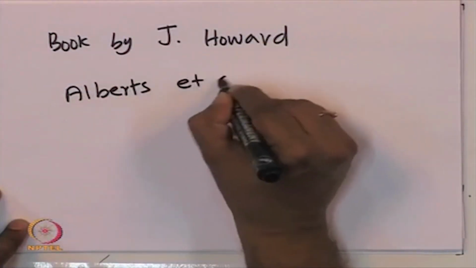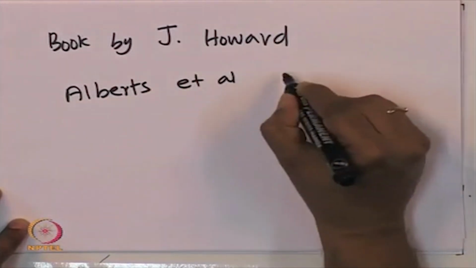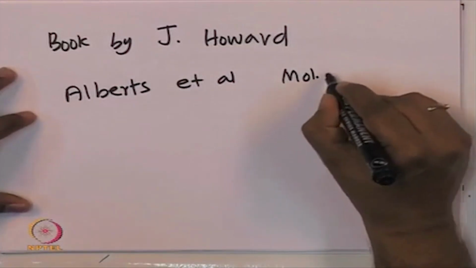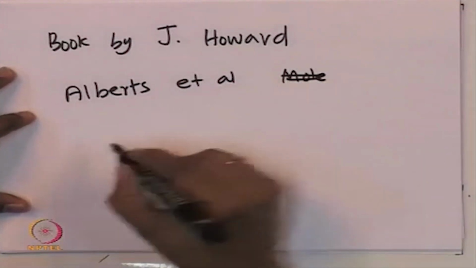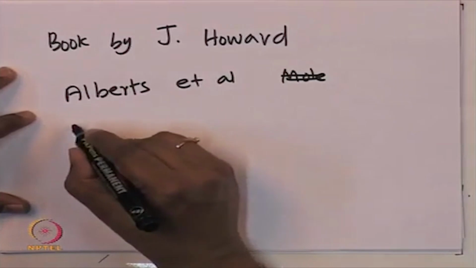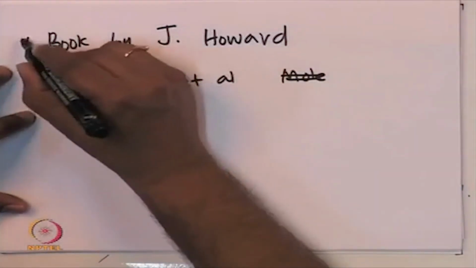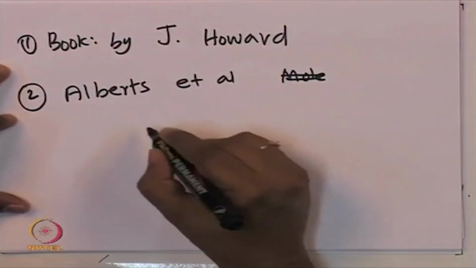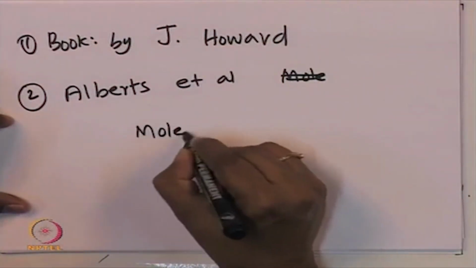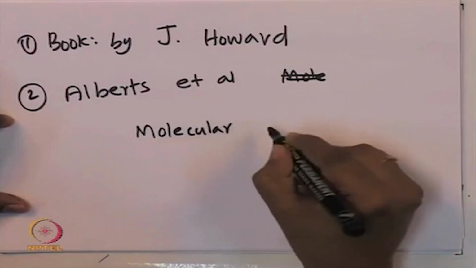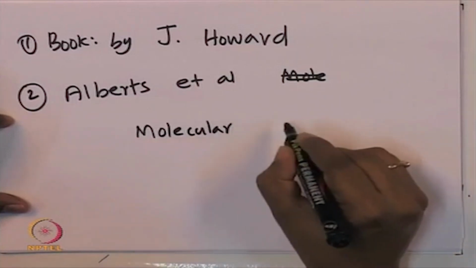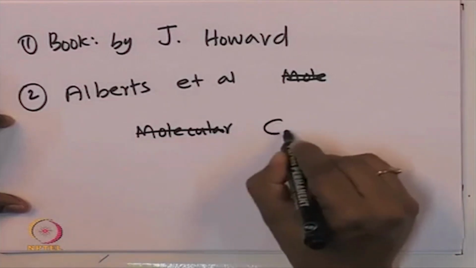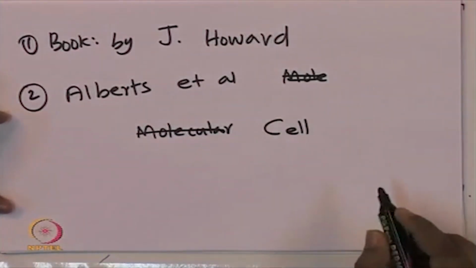Alberts et al., Molecular Biology of the Cell. So, this book name is Alberts et al. This is one book. The second book is Howard. I think it is called Molecular Biology of the Cell.